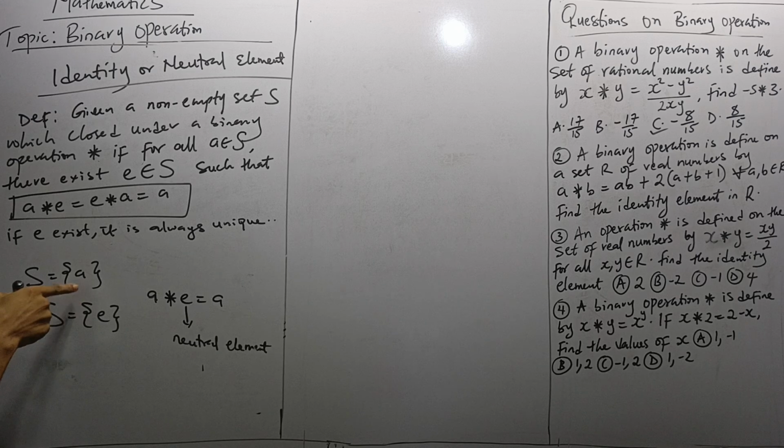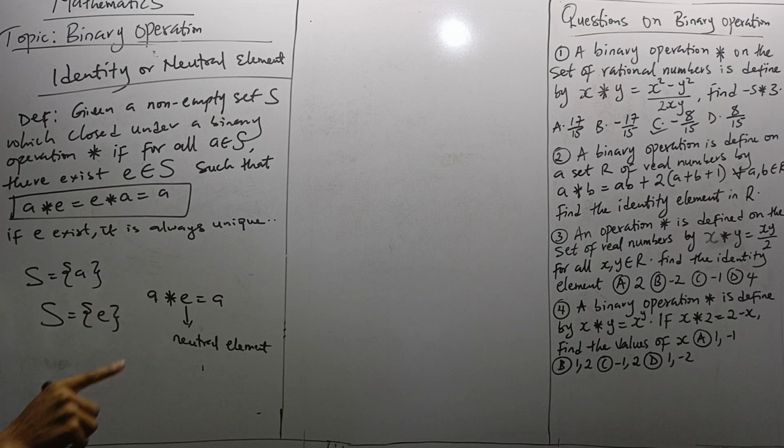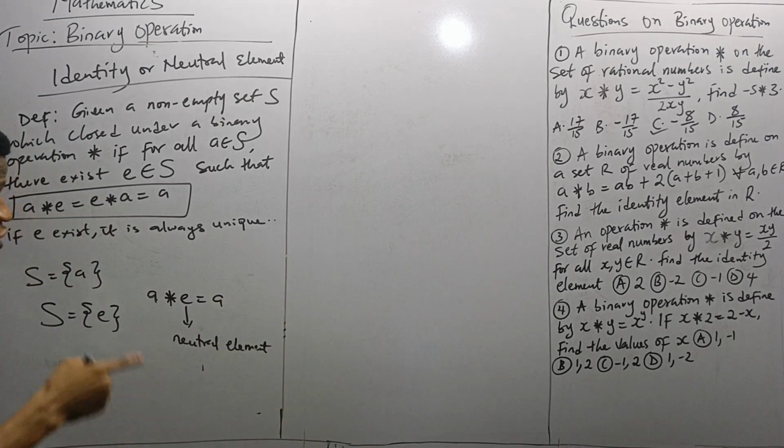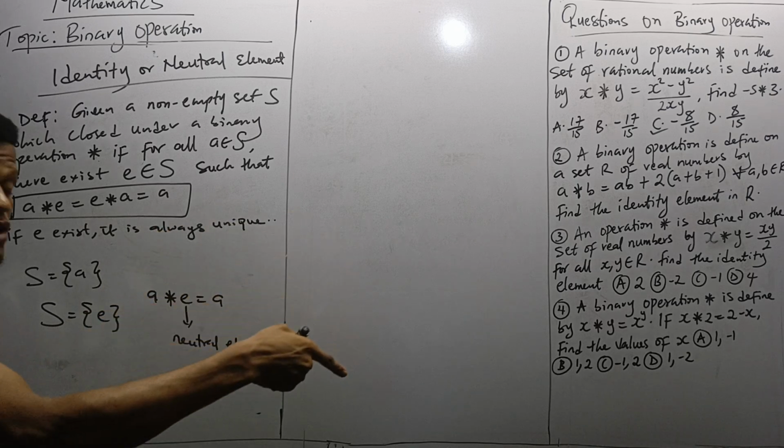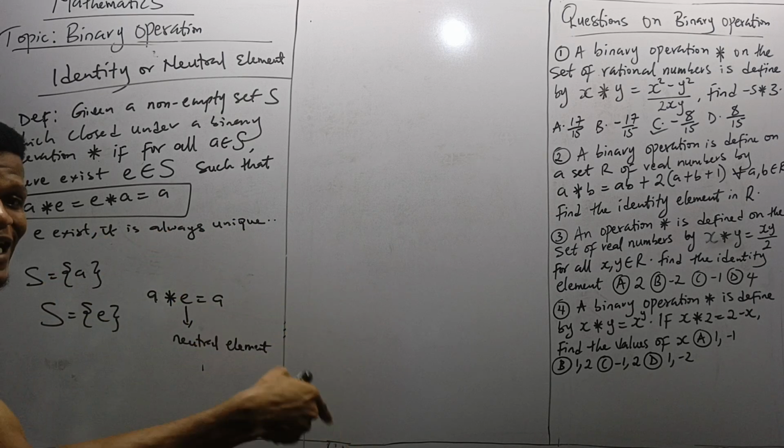Remember, A is any element in X, and now we assume there exists another element in X, which is E, that is, at some point A can be E. Remember, A is just a general representation of any element in X, while E is a particular element in X. Note the difference.